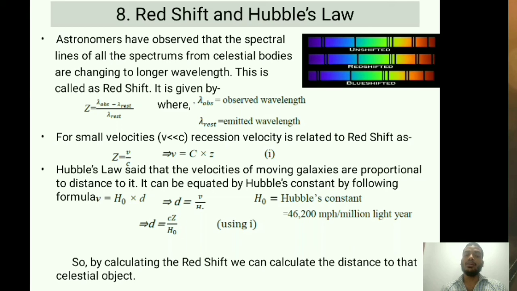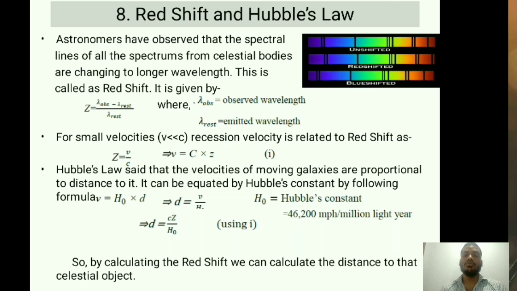Again, Hubble's law says that the universe is expanding, with velocity proportional to the distance to the stars, and it can be expressed with Hubble's constant, where v is equal to H naught times d. H naught is Hubble's constant, so d is equal to v by H naught. So by using the previous equation, we can say d is equal to c z by H naught. So by calculating the redshift, we can calculate the distance to those stars.